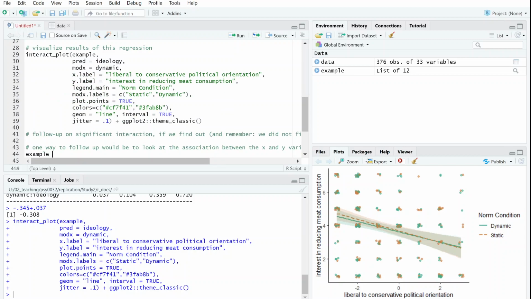And for this, I'm going to create an object that's called trends, because we're going to be using a function called emTrends, out of the emMeans package.